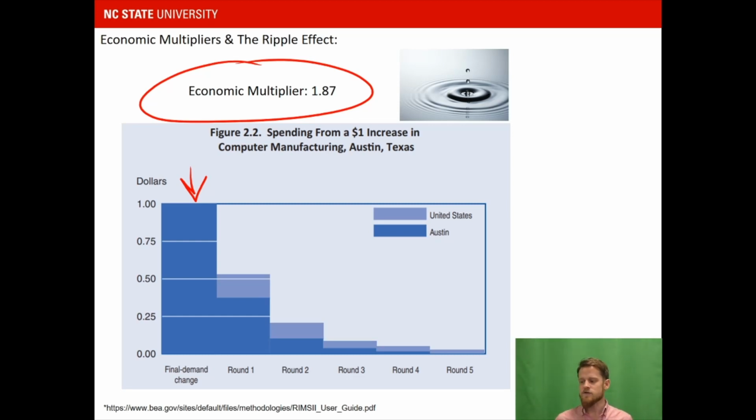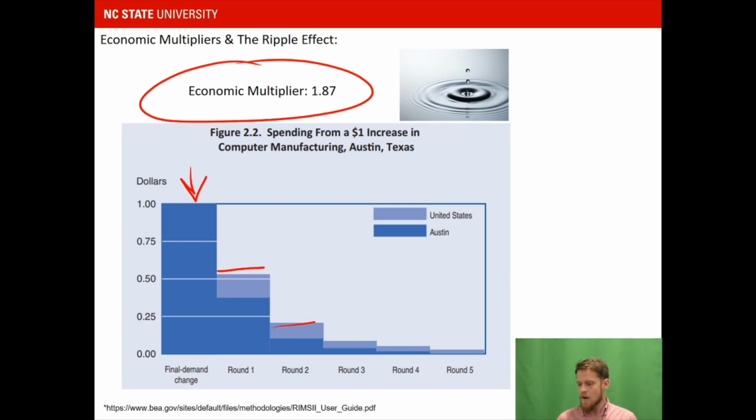So that's a dollar spent on manufactured computers. But what we can see is that that dollar creates somewhere around 52 cents worth of additional economic activity. So that 52 cents of additional economic activity then goes to ripple on and generate somewhere around 24 cents of activity.